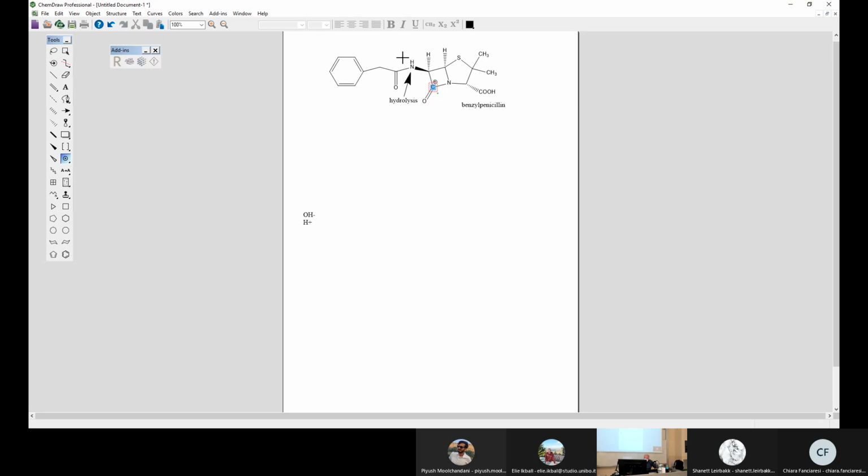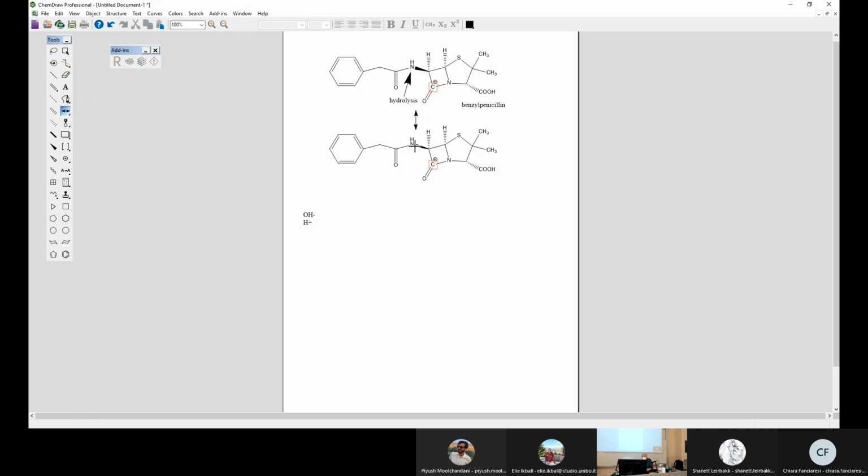But please, you see that there is a mobile proton here. And perhaps from organic chemistry, you remember keto-enol tautomerism. Now, I'll show you what happens.